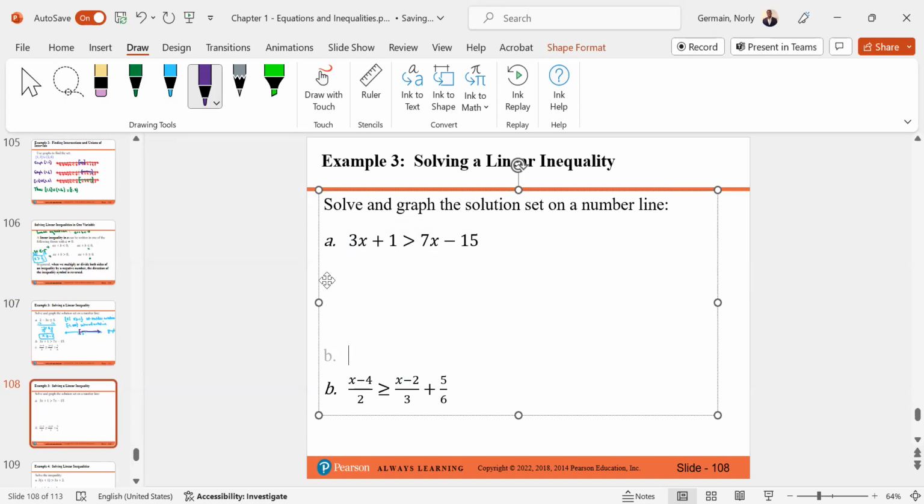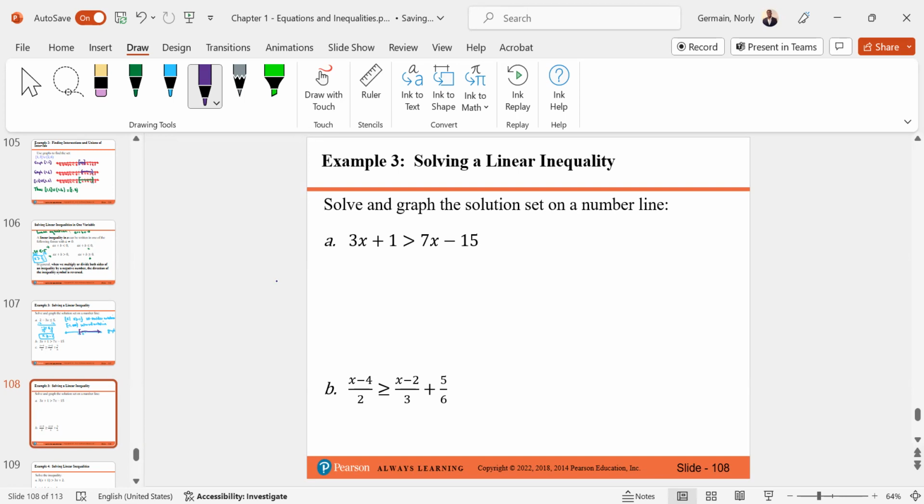With the second one, because it says solve and graph the inequality set on a number line, first of all we simplify each side. Each side is already simplified.